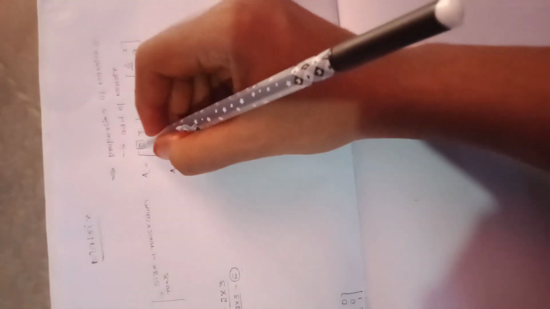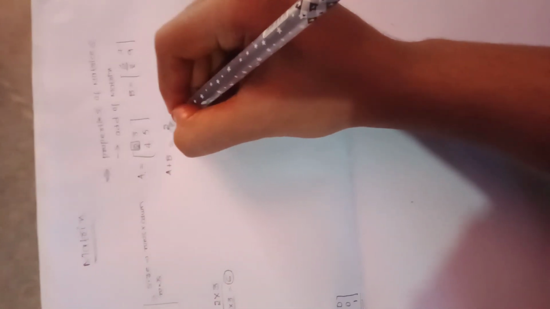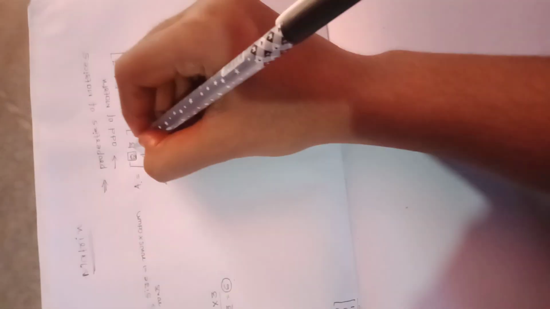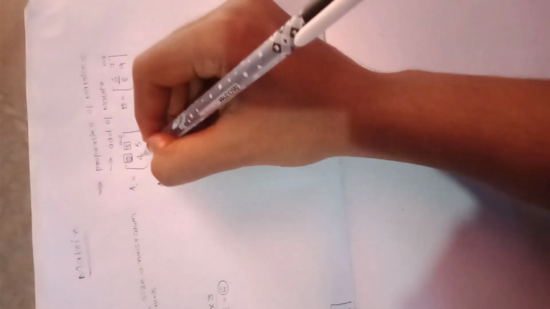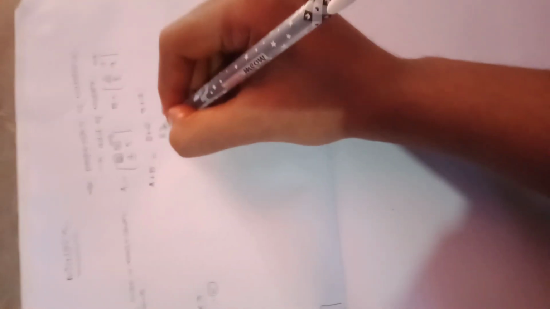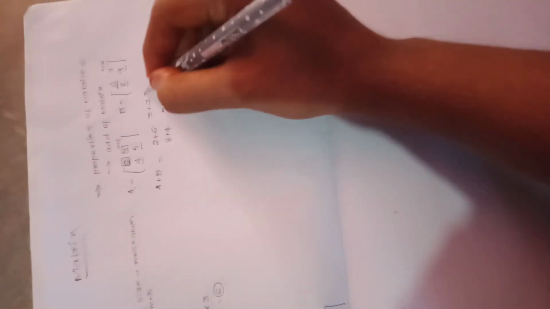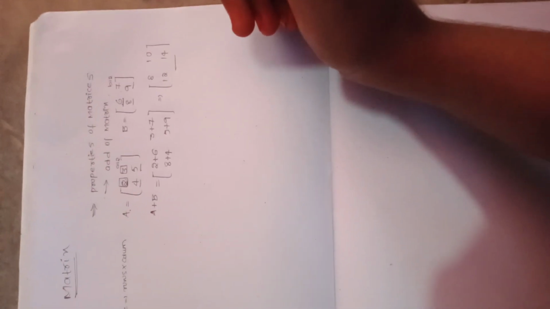So we add these same positions: 2 plus 6, and then A12 and B12, 3 plus 7. Similarly 4 plus 8, and 5 plus 9. This is known as the addition of matrices. It is very similar to how we perform addition with normal numbers.